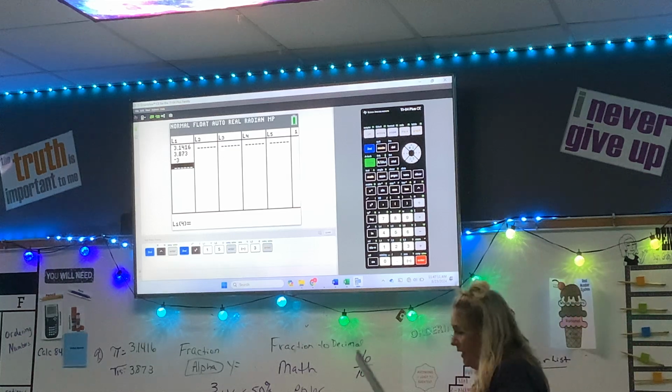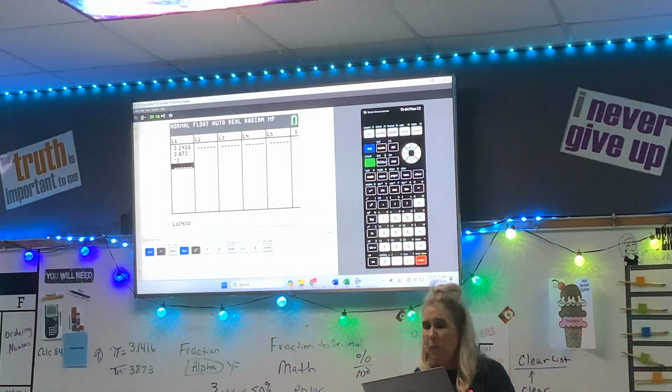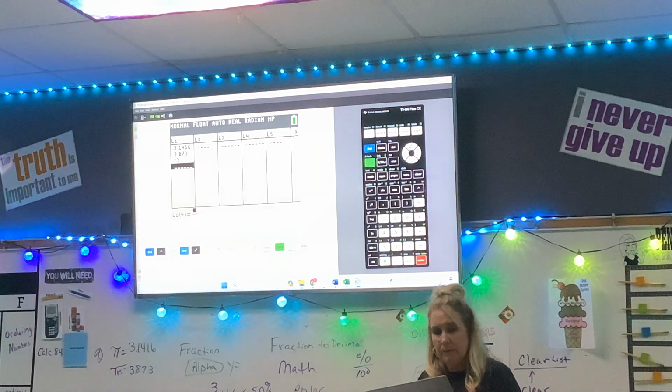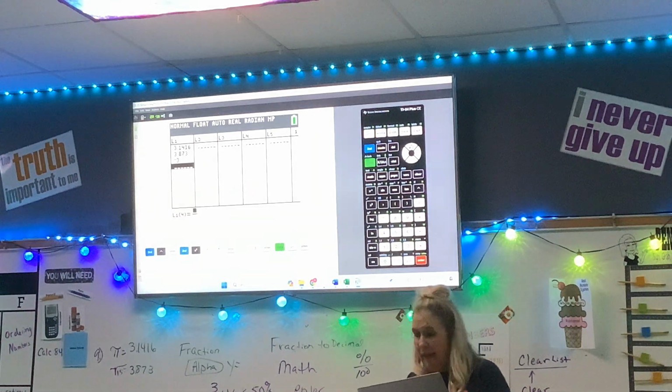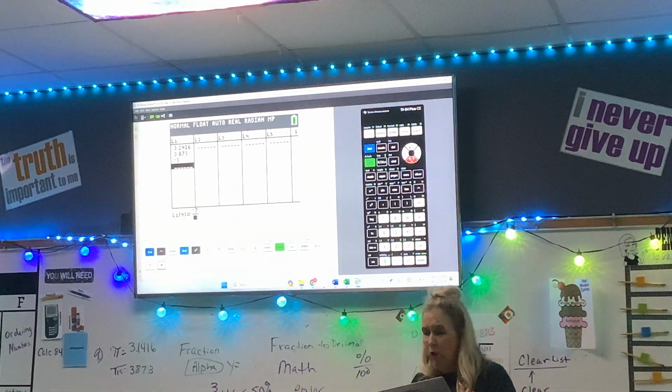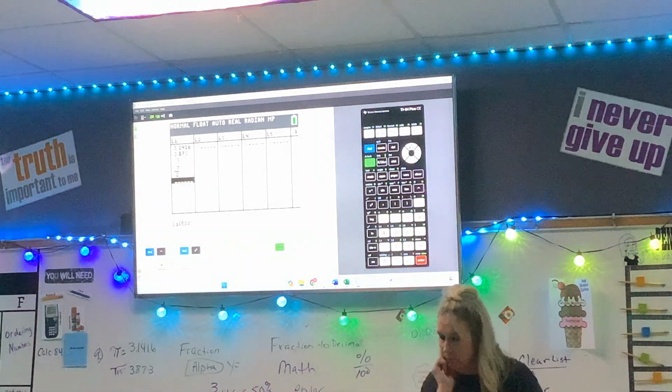Then the next one is alpha y equal -7 over 2 and hit enter.